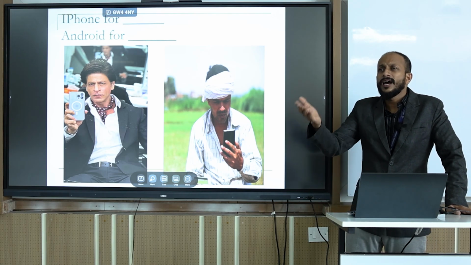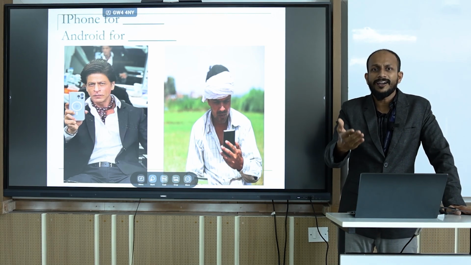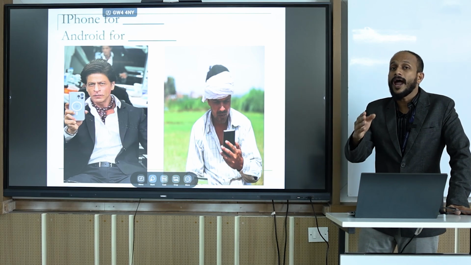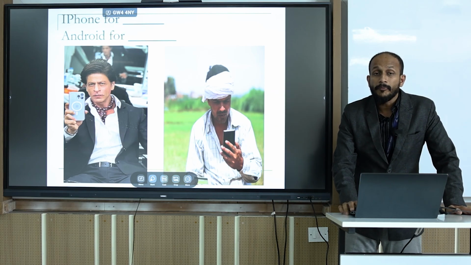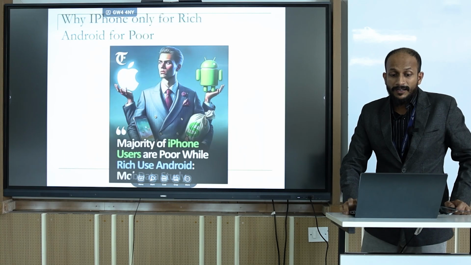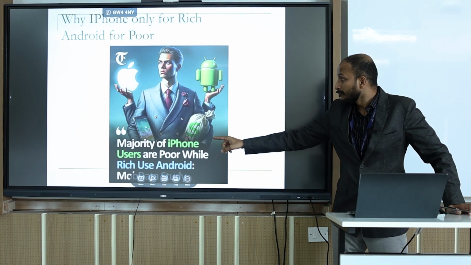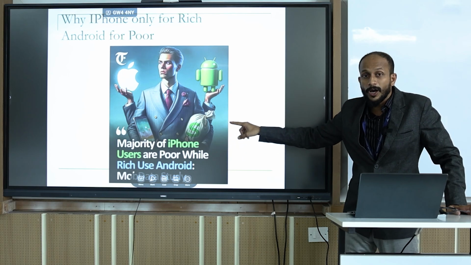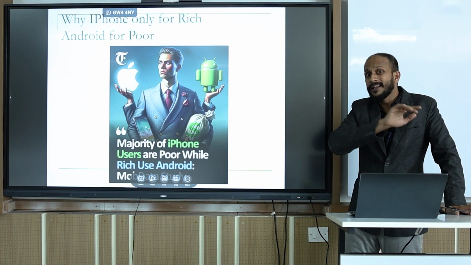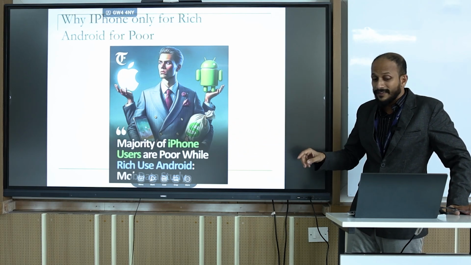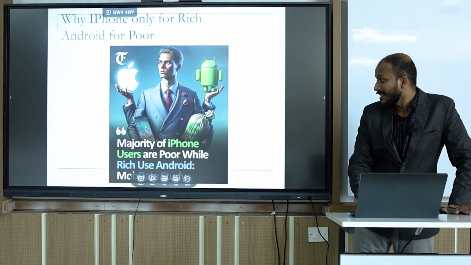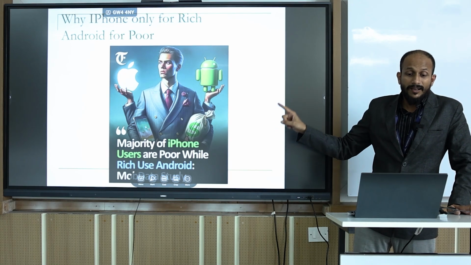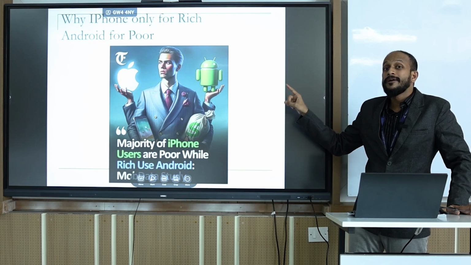So psychologically, we have a feel that Android is meant for middle class people and iPhone is for rich people. But let me show you that the research says that most of the iPhone users are poor, that means middle class or lower middle class. The same research also says that Android is being used by many rich people.